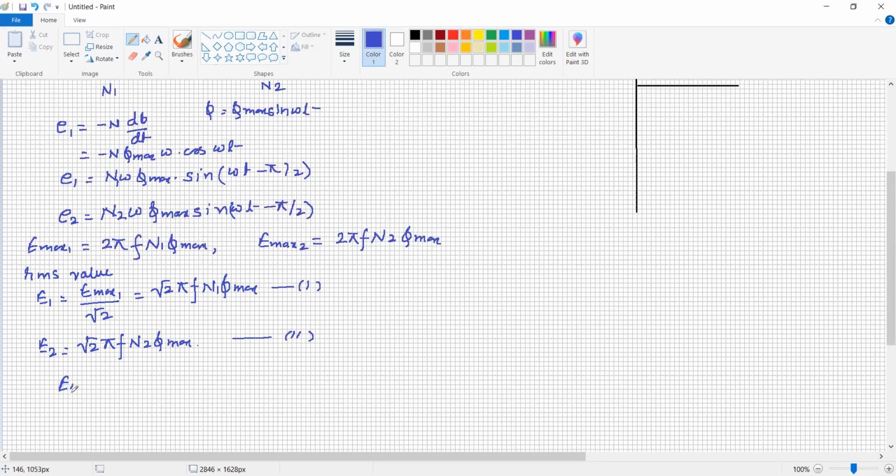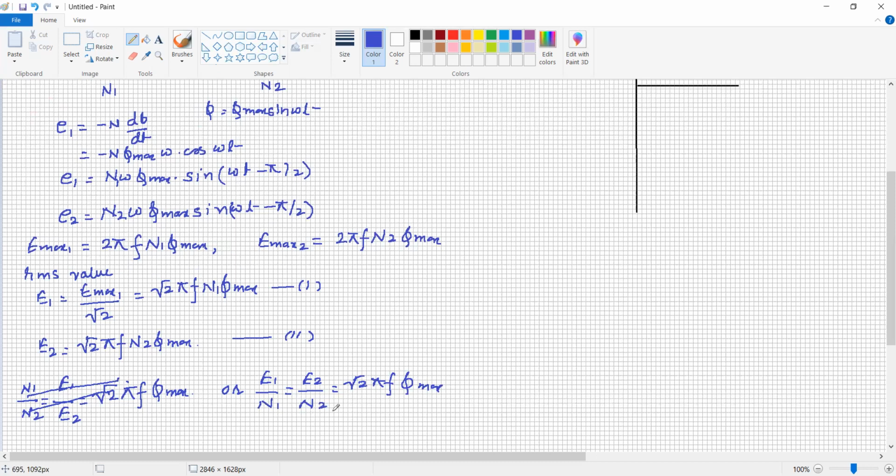From equations 1 and 2, E1 upon E2 is equal to N1 upon N2. So E1 upon N1 is equal to E2 upon N2, which is equal to root 2 pi f phi maximum.